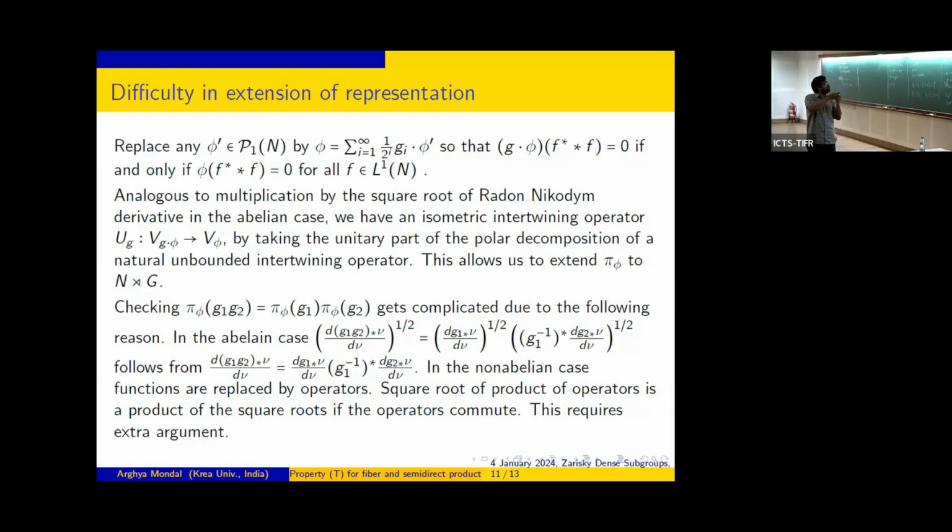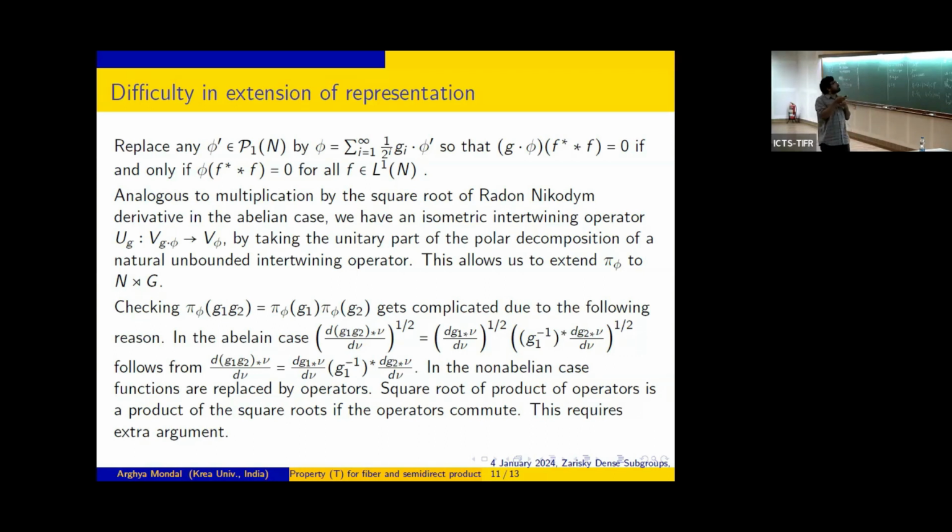Radon-Nikodym derivatives are functions, therefore they always commute, so you can always take the square root like this. But in general, you are taking the square root of operators, and then you have to check that the two operators that we will be considering commute. And this requires an extra argument, and I'm pretty sure that we have it now.